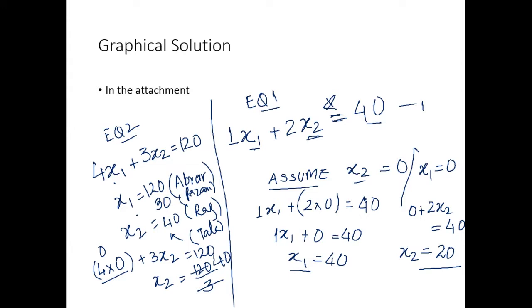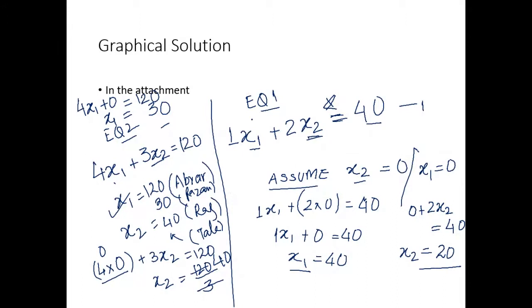Then we repeat the same by taking this as 0. So then it becomes 4x1 plus 0 is equal to 120. So x1 is 120 by 4, which is 30. So this is right. Abrar and Razan are correct. They have found the right values. x1 is 30 and x2 is 40.